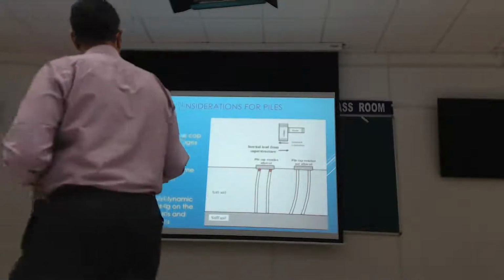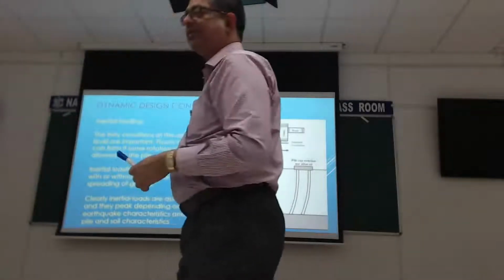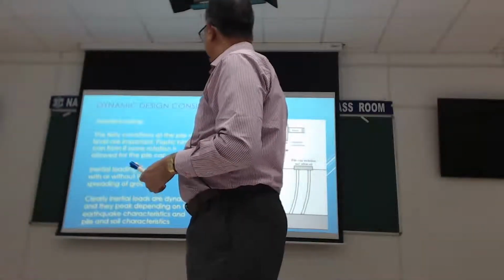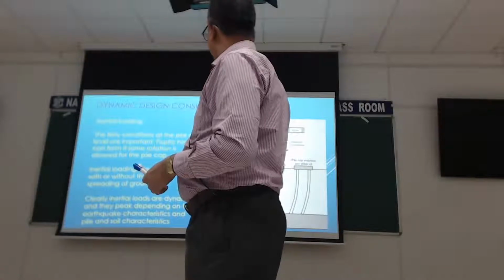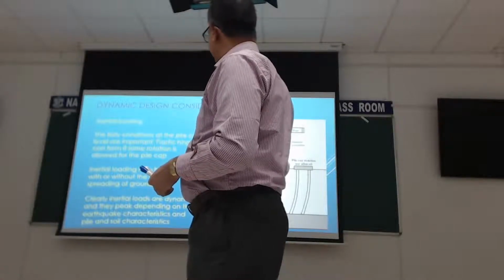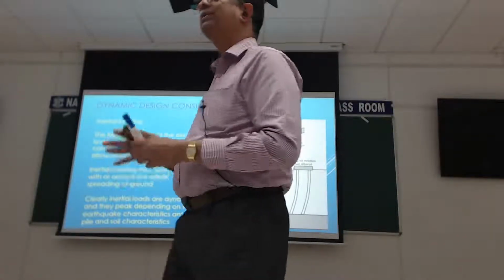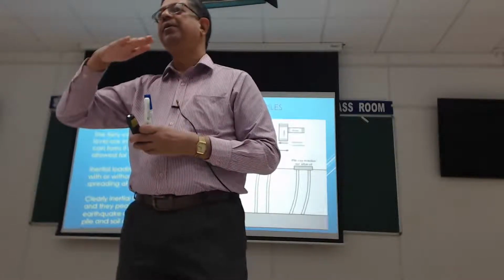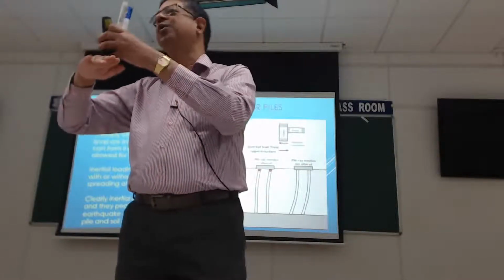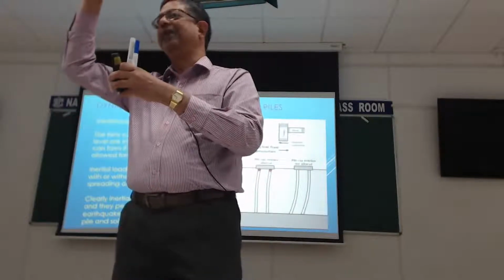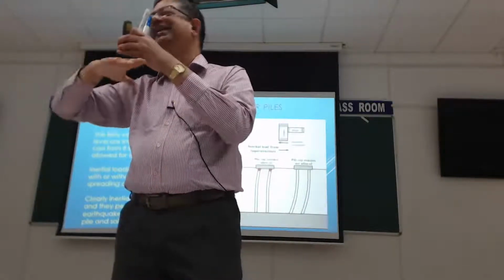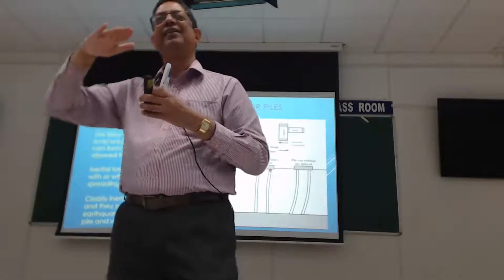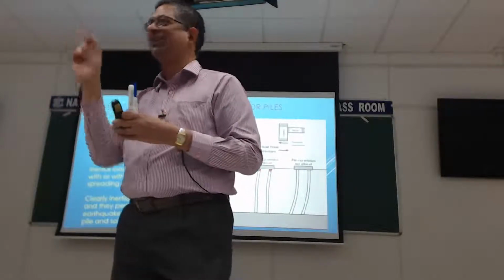For example, we could expect a pile cap like this to have hinges developing here because the cap itself is not allowed to rotate. Why? Because it has a column on the top and the column has the building on its head. So it's not easy for the pile cap to rotate. Whereas if I draw just the pile cap, I think, yeah, it can rotate.